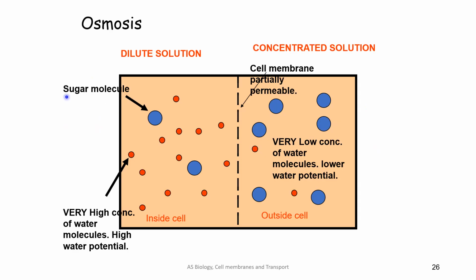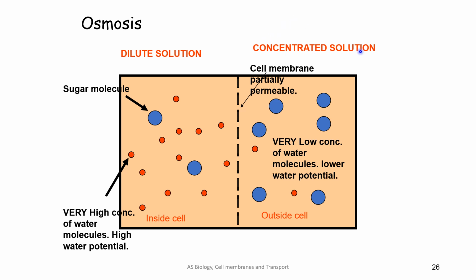So in this example of osmosis, on one side, inside of the cell, we have a dilute solution. That's a solution with lots of water and very little other molecules. So that is dilute. And on the outside of the cell, we have a concentrated solution.